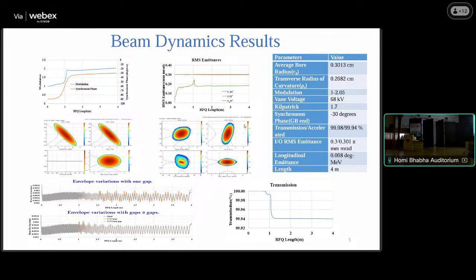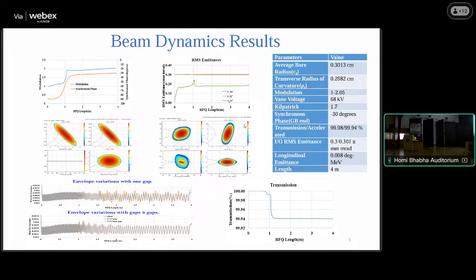The placement of the gap separates the 4 meter RFQ into 2 segments, and for mechanical fabrication the 2 meter segments are again divided into 1 meter sections. The placement and the width of the gap play a very important role.